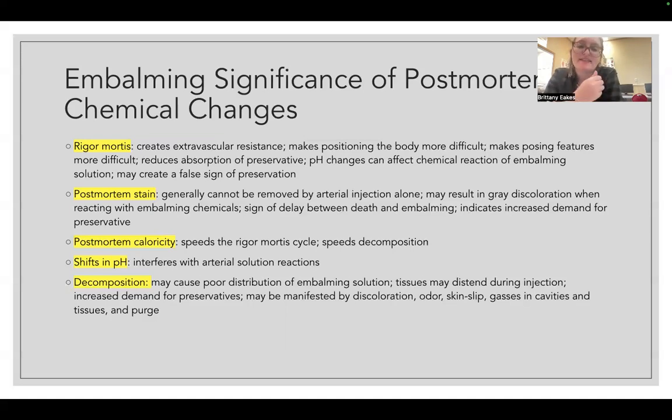Postmortem stain is significant because it cannot be removed through injection, and it can result in a gray discoloration through the reaction of formaldehyde and hemoglobin. It causes embalmer's gray. It is a sign of delay between death and embalming, and it indicates an increased preservative demand, meaning you want to use a stronger solution.